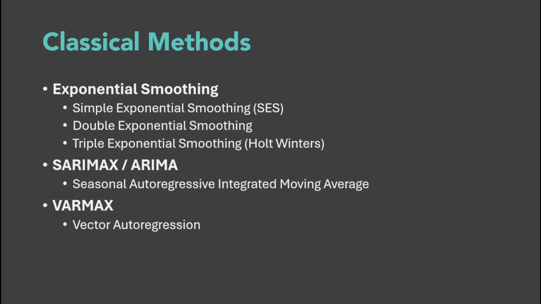A close variant is the VARMA and VARMAX family. And these models are also multivariate. But the distinction is that you're able to have multiple related time series variables that influence each other. Whereas SARIMAX is more focused on improving the forecast of a single variable using exogenous information.